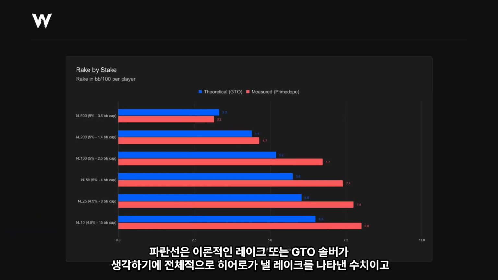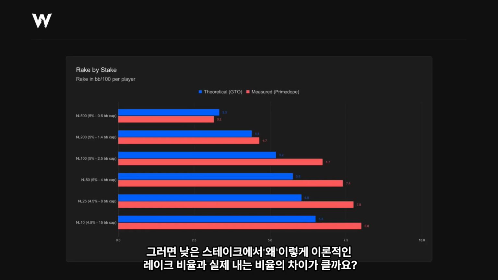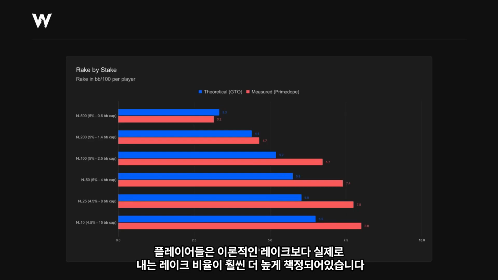The blue lines represent your theoretical rake, or how much a GTO solver thinks you ought to be paying overall, whereas the red line represents how much rake you are actually paying according to measured hand history data. So why is there such a big discrepancy at these lower stakes? It seems like players are paying much more rake than they ought to be paying according to what GTO thinks.